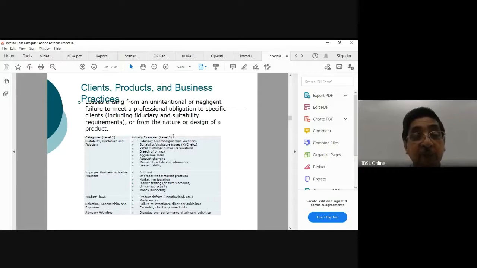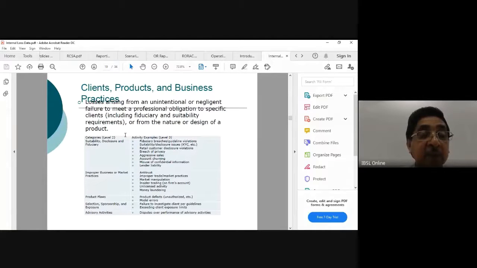Level 3 is basically the specific type of activities. Level 2 is some broader categorization. Level 1 is the highest level or general type of categorization. Now you can go through this and get these examples.